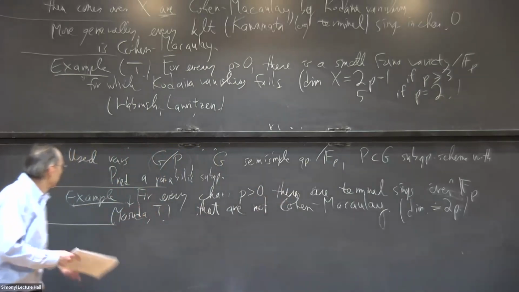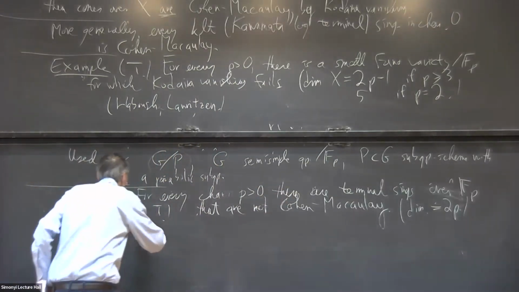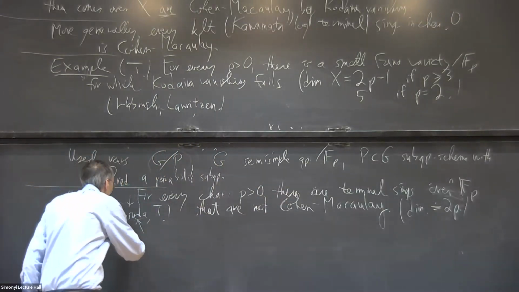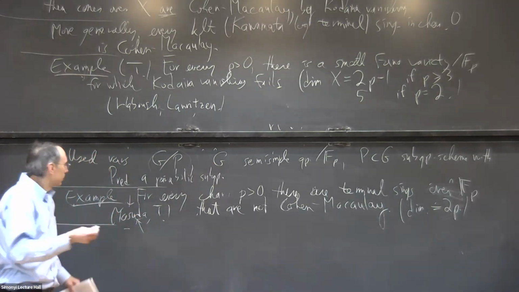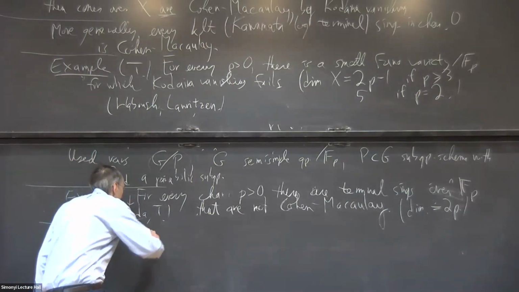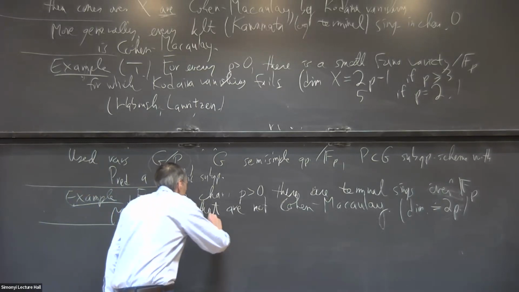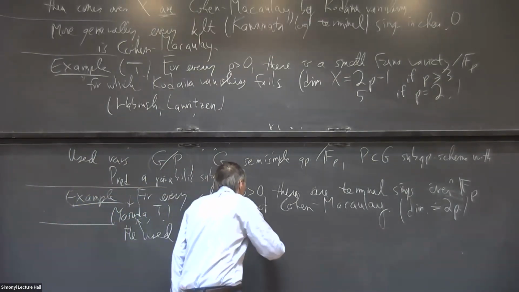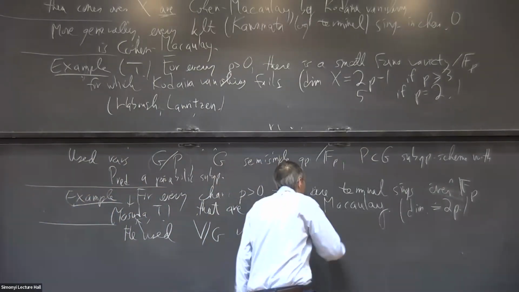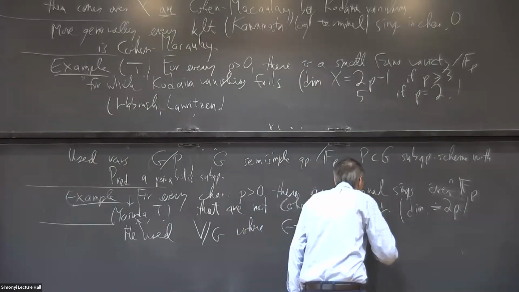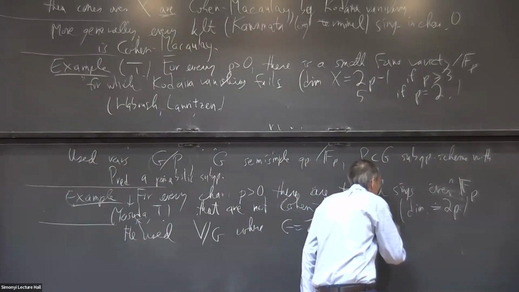You also had a different idea, which is to just take linear, what would they be called, quotient singularities. So he just used a vector space mod G, where G is Z mod p, and V is just a finite dimensional representation in characteristic p.